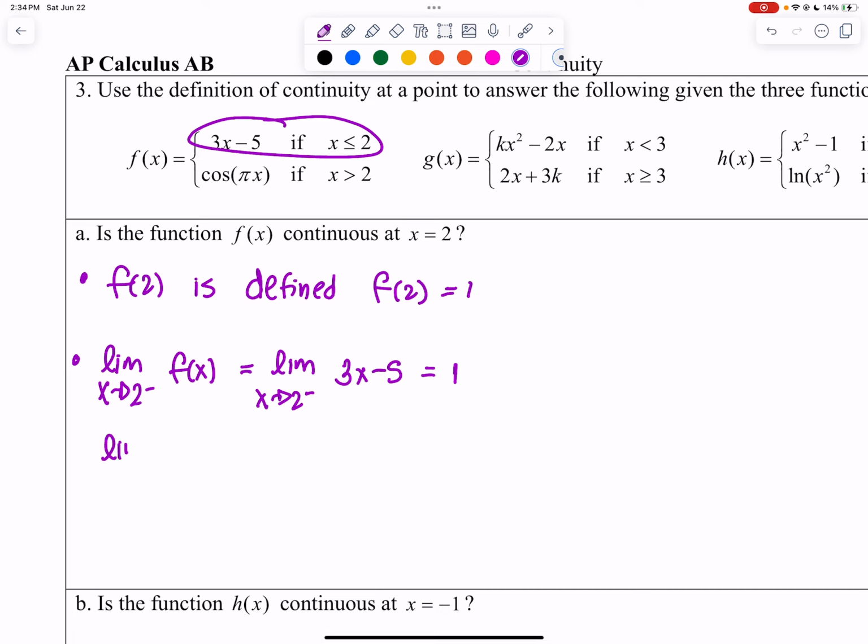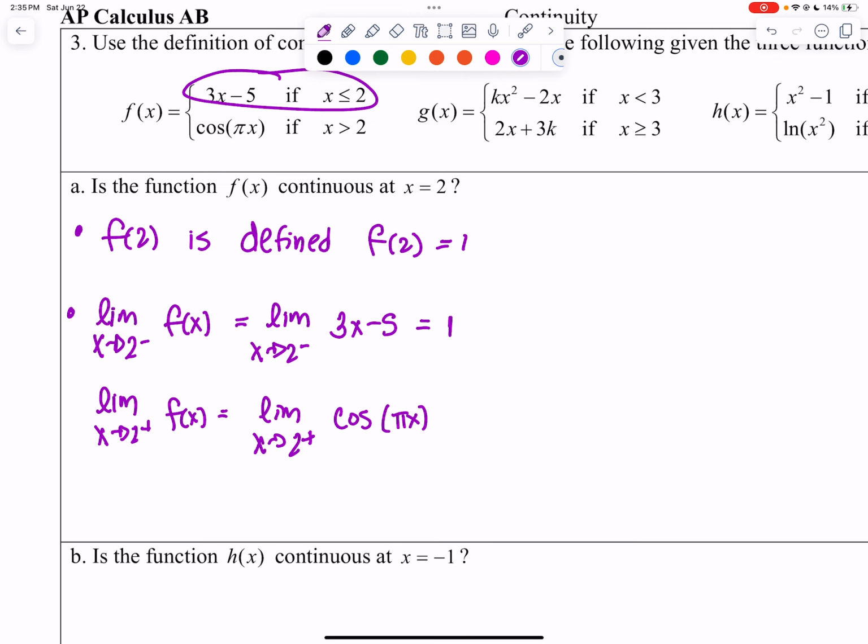I'm going to do the same thing here. The limit as x approaches 2 from the right of f of x, and that right there is cosine of pi x. And if I were to plug in 2, that's going to give me cosine of 2 pi, and cosine of 2 pi is 1.